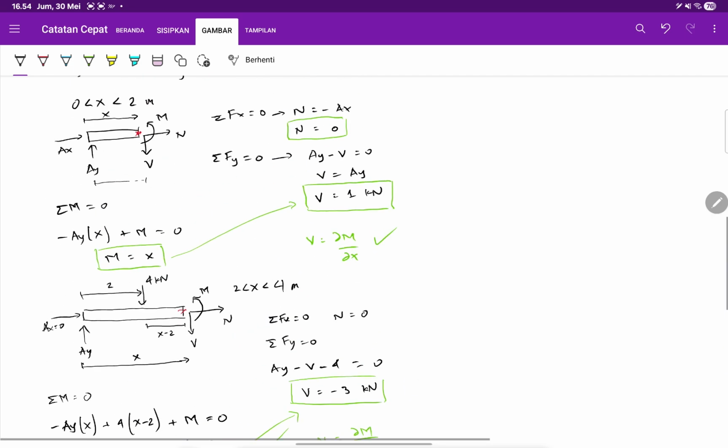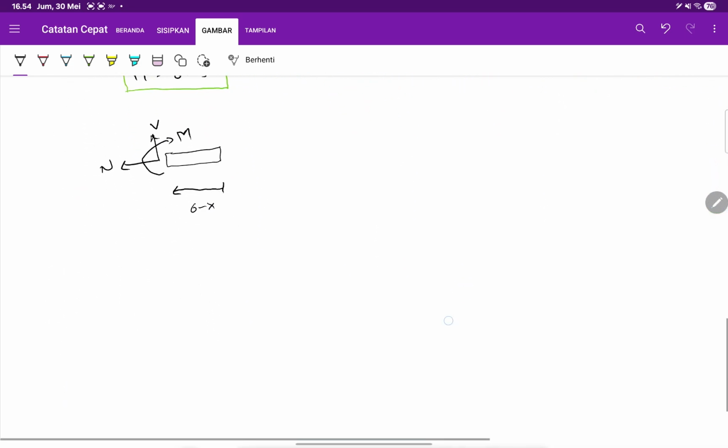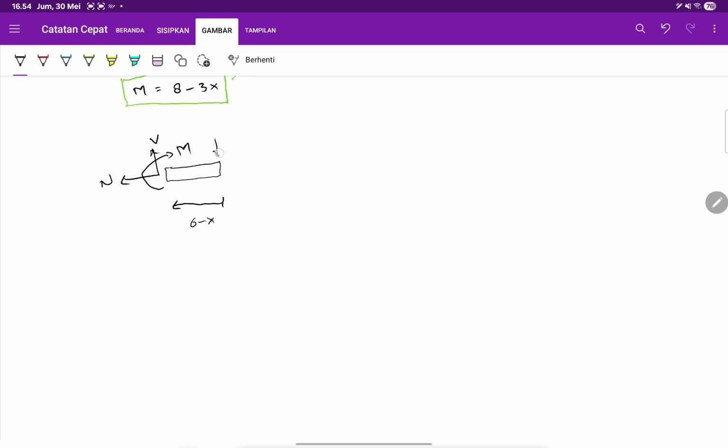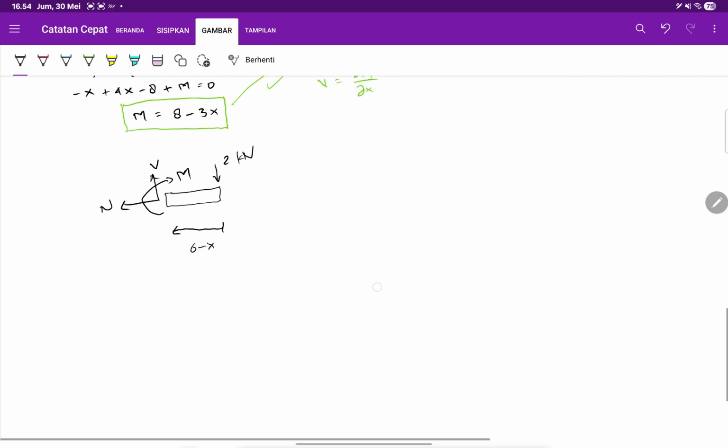Do I have any loads? Yes, 2 kilonewtons here. Only one load to be considered, 2 kilonewtons, and this works if x is from 4 to 6 meters.